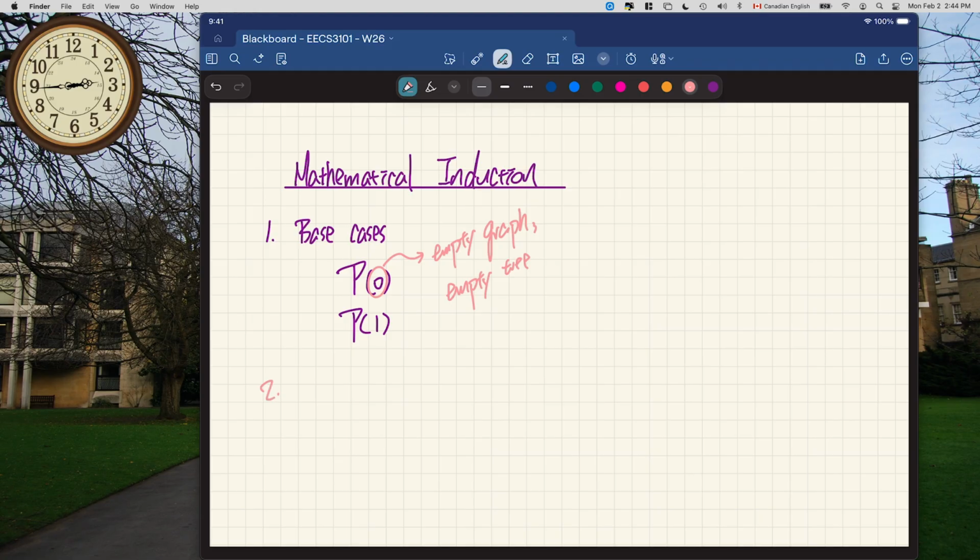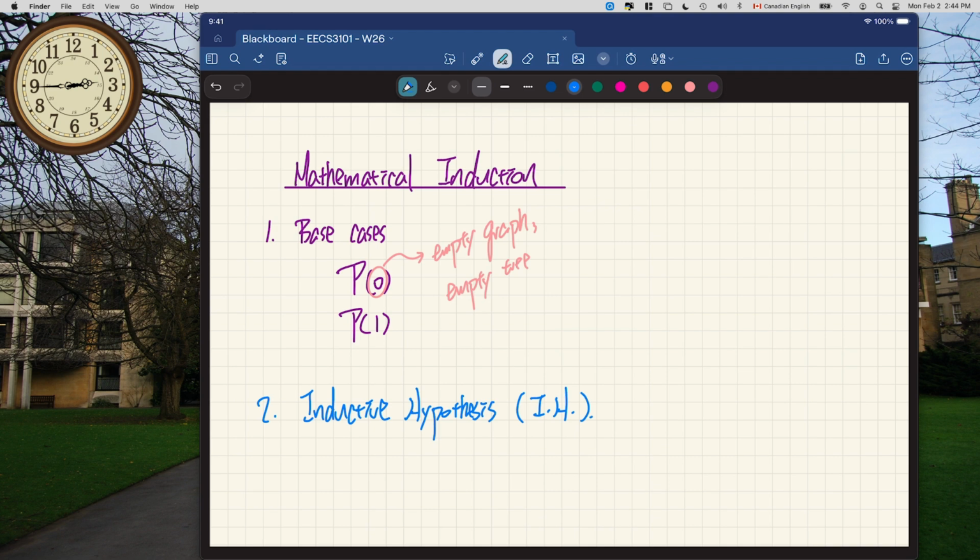Step number 2, you have to state the so-called inductive hypothesis, sometimes just called IH.